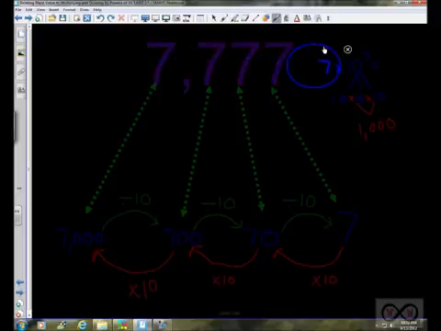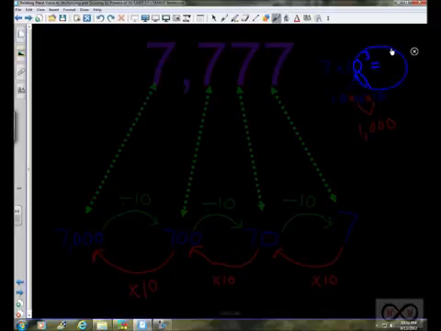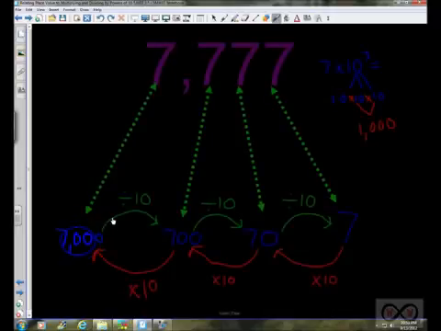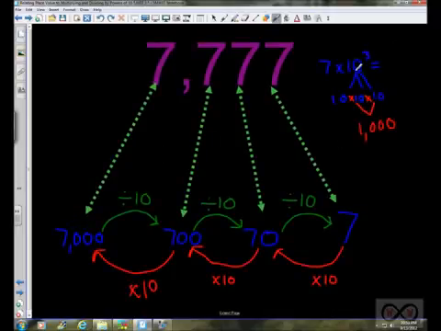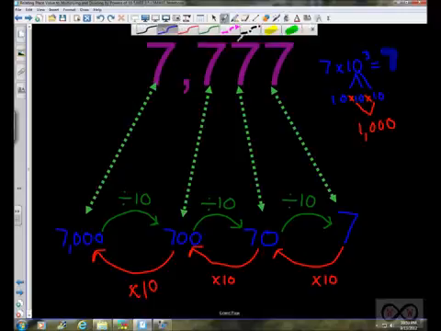Or you could say 7 times 10 to the third would also equal 7,000. So you're taking that 7 and tacking on 3 zeros behind it. So 7 times 10 to the third, we added on 3 zeros.